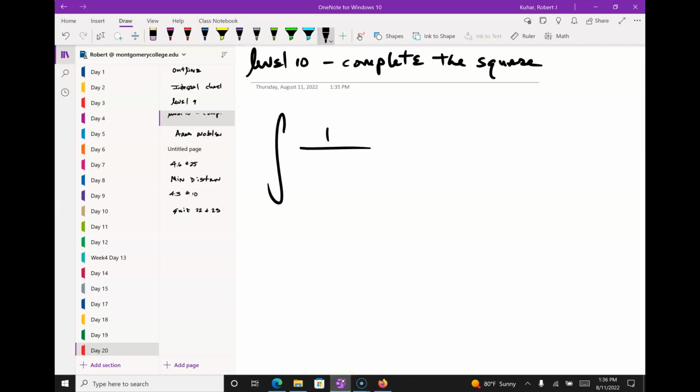So I've got 1 over x squared plus 10x plus 30 dx. So here I'm doing my list, right? Okay, I don't recognize it. It's not a power rule. Clearly only the whole downstairs would work for me, but du would be what? 2x plus 10? Can't make that happen.